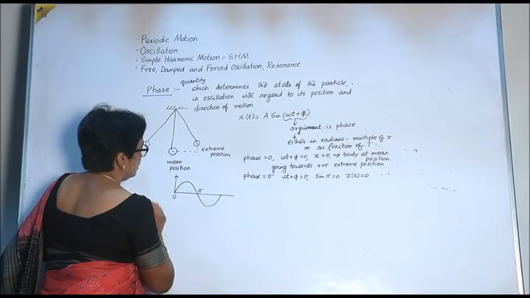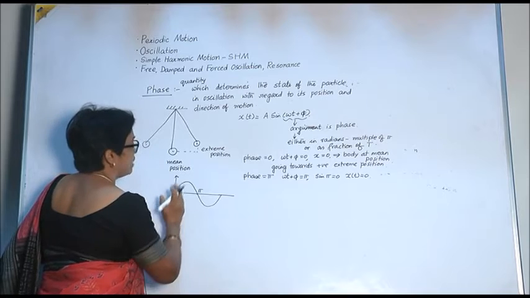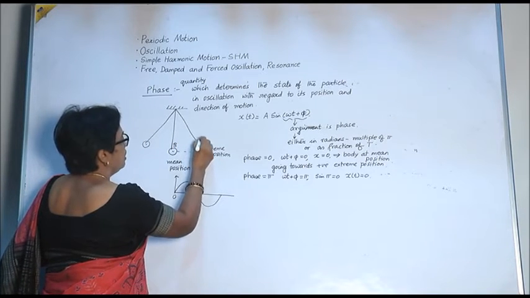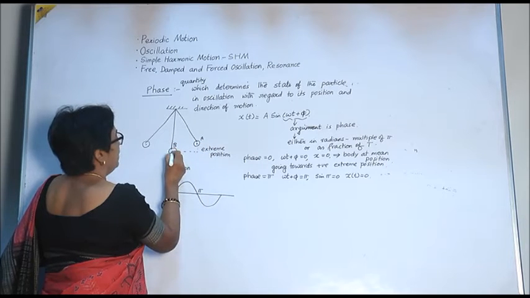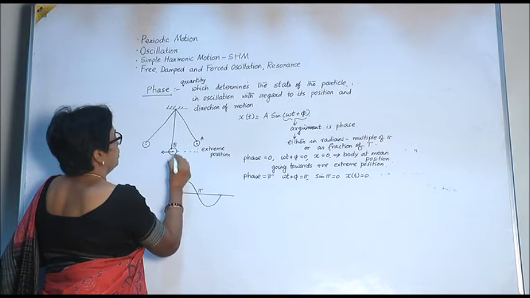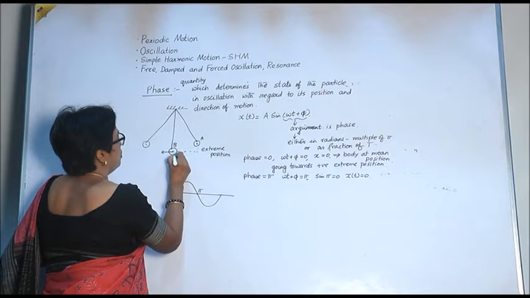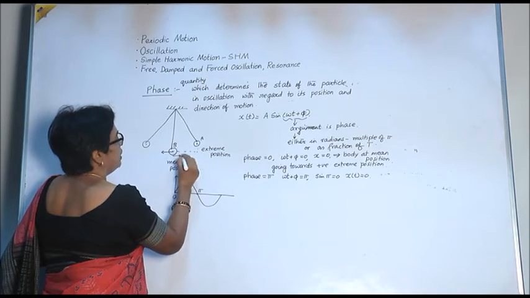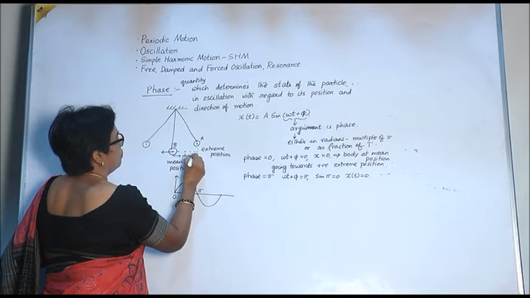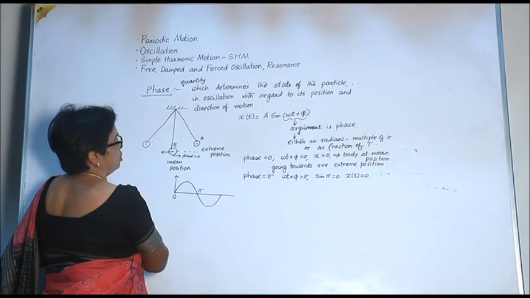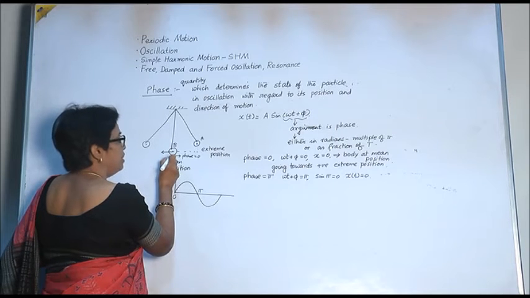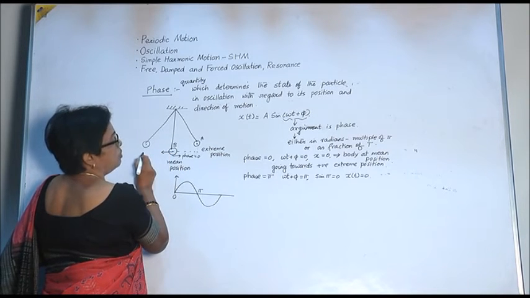But what is the difference here? Here the particle is trying to go to this side. Initially the body started in this direction from A to B, and at that point phase was 0. But when phase is pi, it is again at B, but the body is moving in the opposite direction.